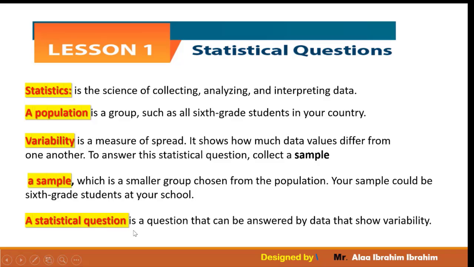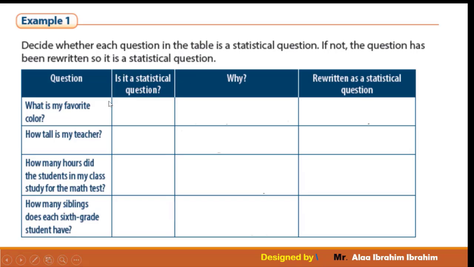Now, a statistical question is a question that can be answered by data that show variability. To know whether this is a statistical question or not, I have to work with different information, meaning a group, many ideas, many things, many differences. Take this example, number 1.